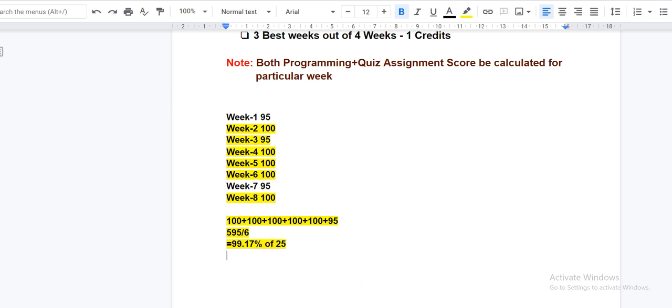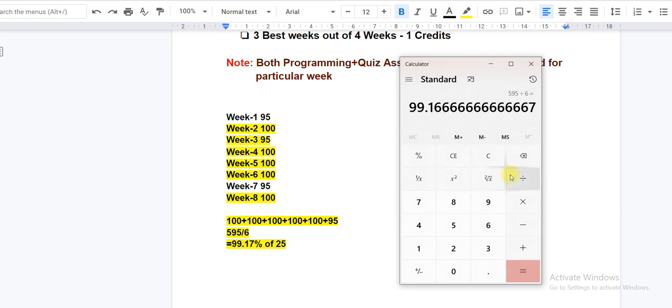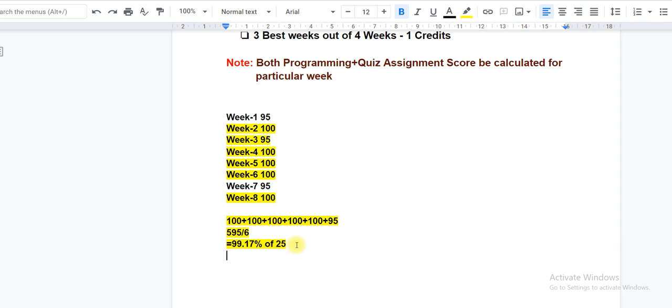So what is this equal to? Simply 99.17 percent into 25. So our score is going to be around 24.79. So out of 25 we are going to get 24.79 in assignment.